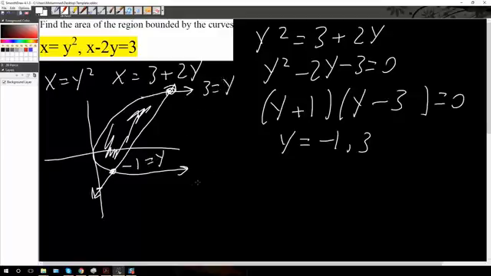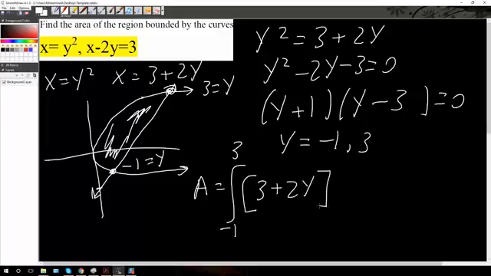And to find the area in terms of dy, it's going to be right minus left, for dy. So our 2 points are negative 1 and 3, and the one that's on the right is going to be this, so 3 plus 2y, minus the one on the left, which is y squared.